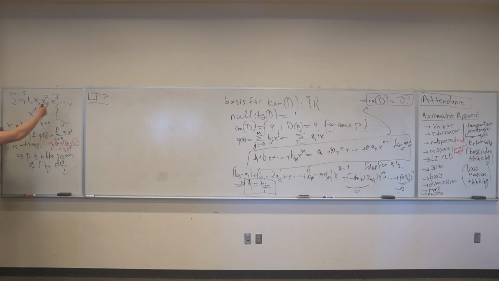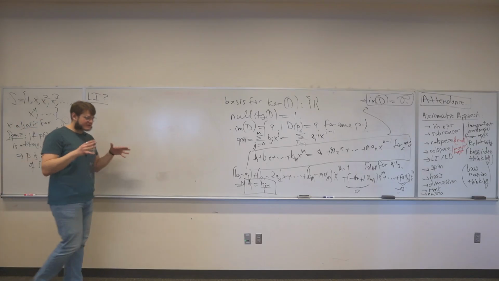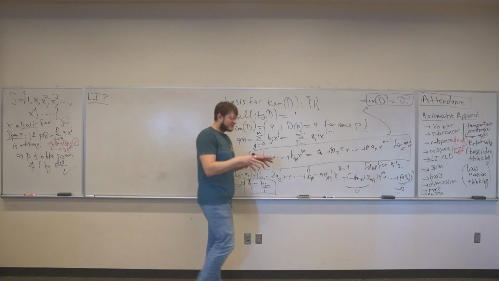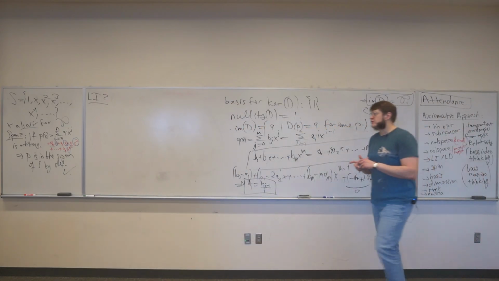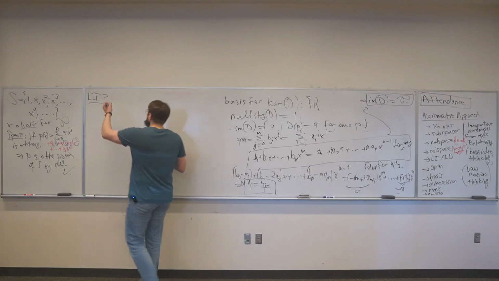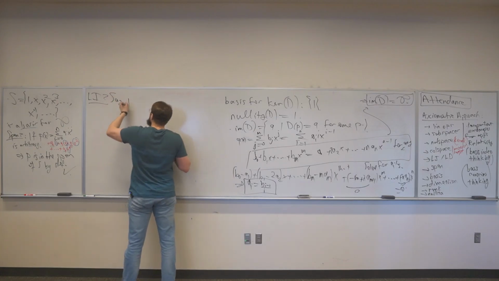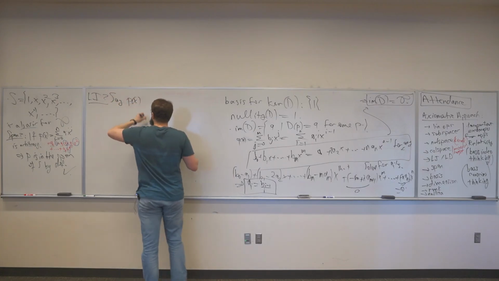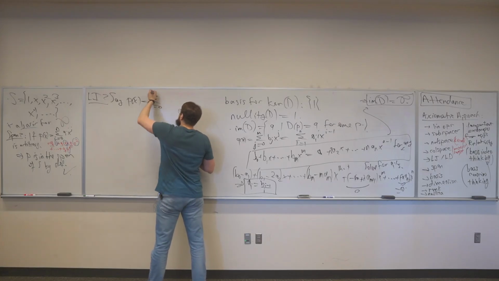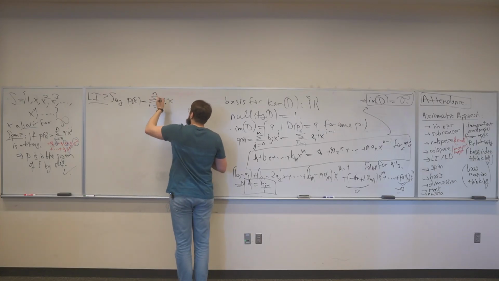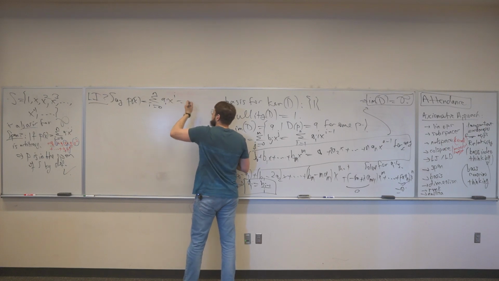If I have finitely many vectors here, I choose finitely many, and I take a linear combination of them. If that is 0 as a vector, then in fact, all the coefficients have to be 0. Say p of x, which is this, is 0.